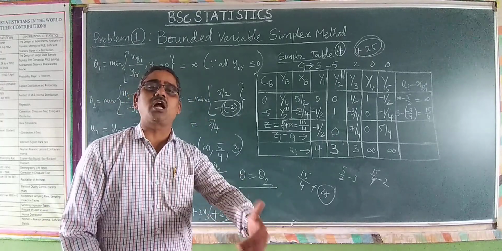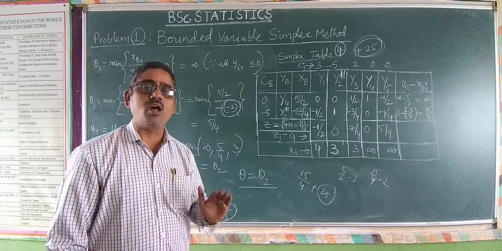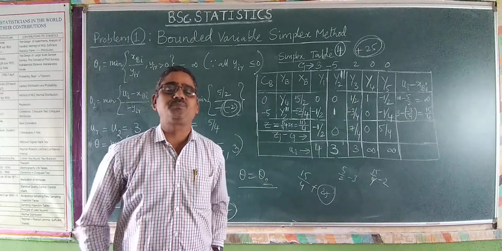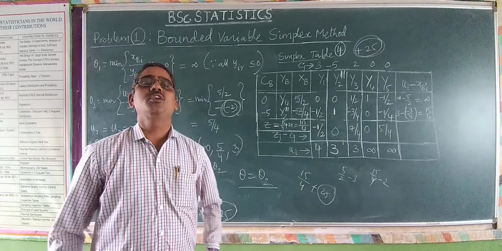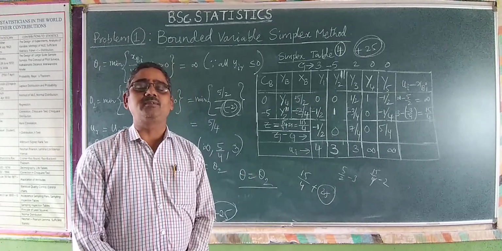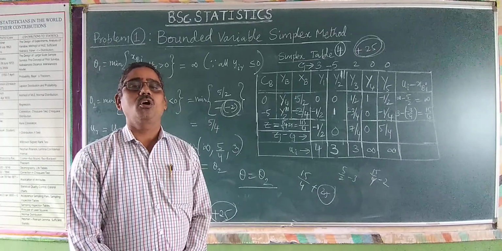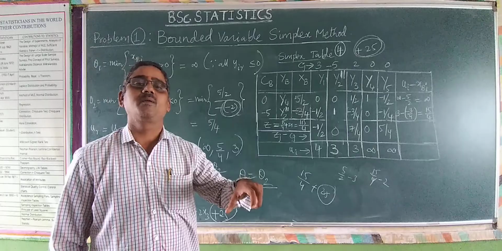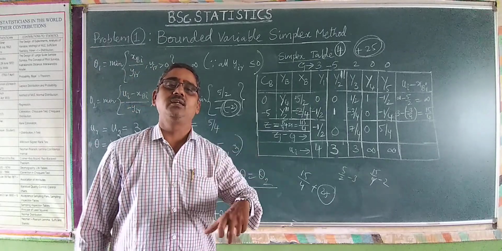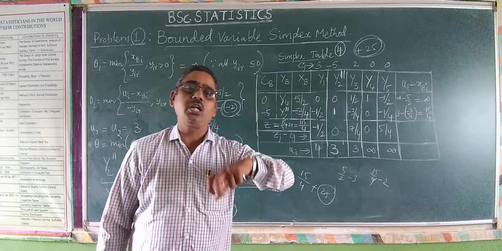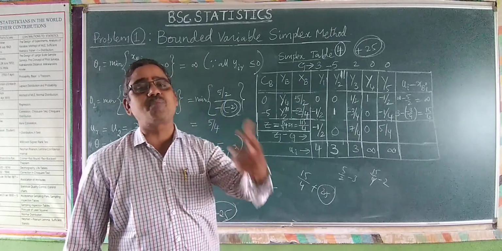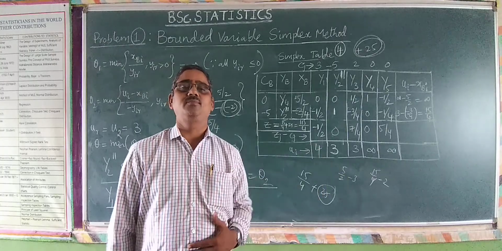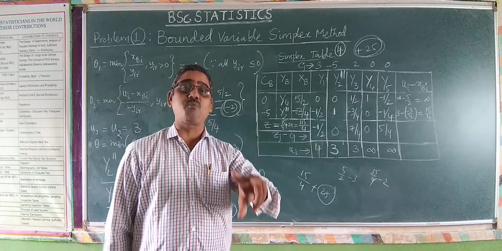Whenever theta is equal to theta 2, you have to first do yr enters, yk leaves as in the usual simplex procedure, and then it is to be continued: you will have some variable which is non-basic, and that is to be substituted at its upper bound and then put at 0 level. These are the two other points.